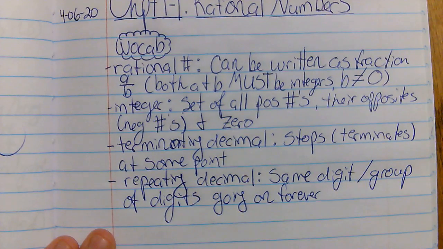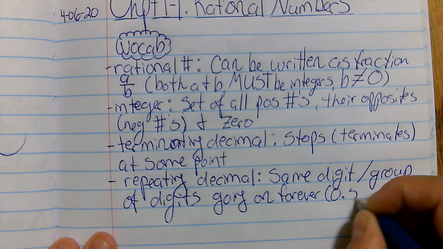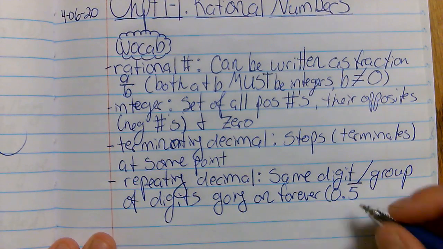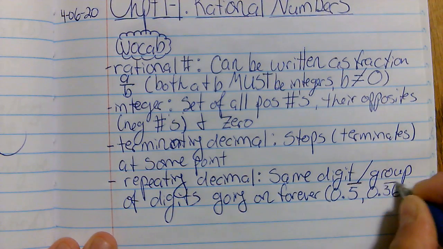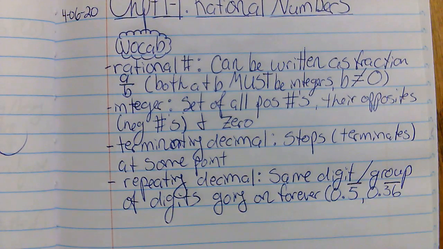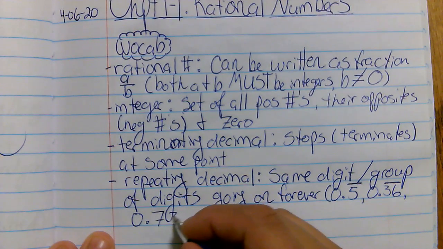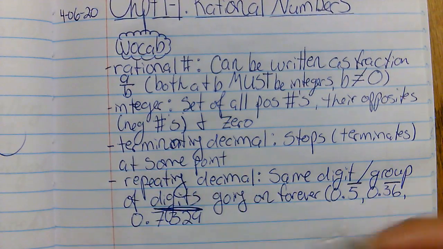So for example, you might have 0.5 repeating. That's what that little bar means, repeating, going on forever. You might have 0.36 repeating, goes on forever. You might have 0.7329 repeating.